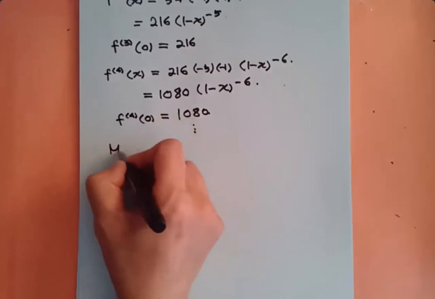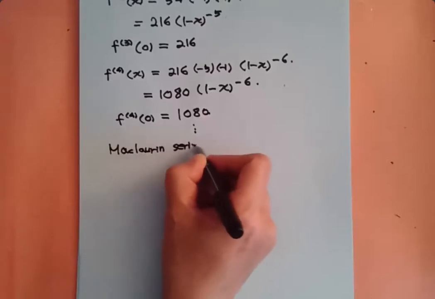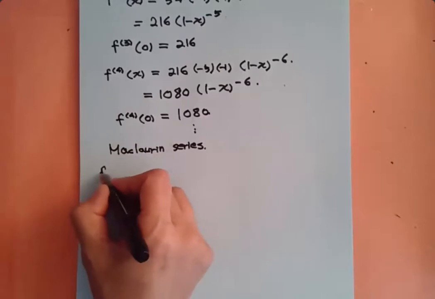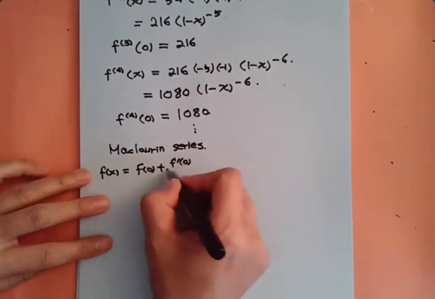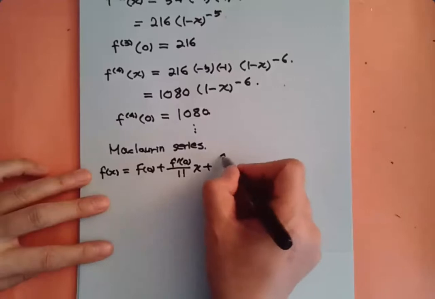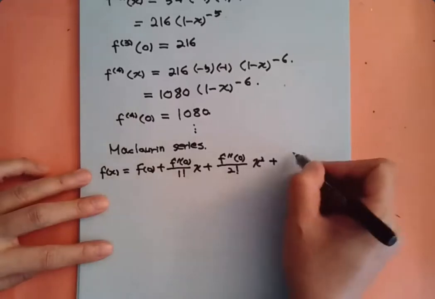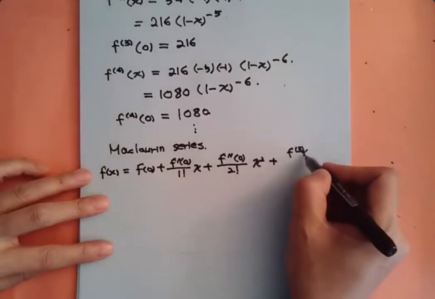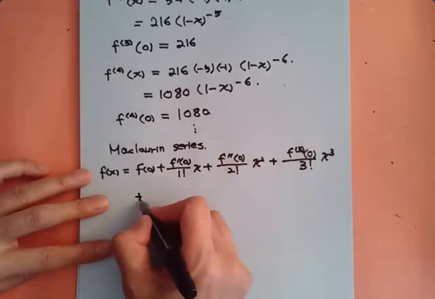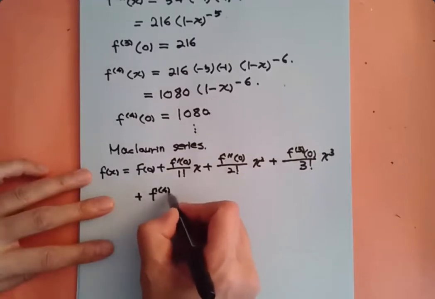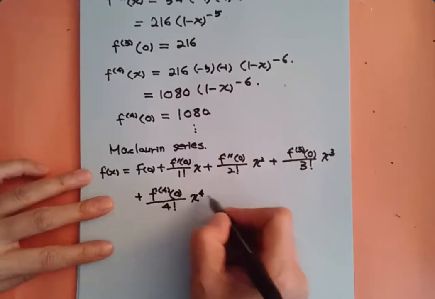So when we expand that to the Maclaurin series, that goes like f(x) equals f(0) plus f'(0) over 1 factorial x, plus f''(0) over 2 factorial x squared, plus the third derivative of f at 0 over 3 factorial x cubed, plus the fourth derivative of f at 0 over 4 factorial times x to the 4th power, and so on.